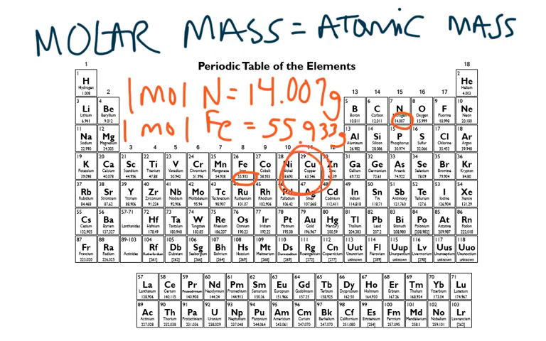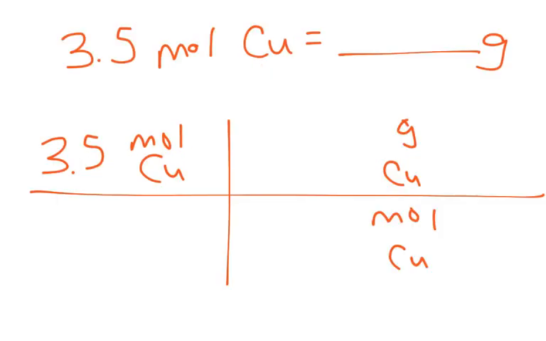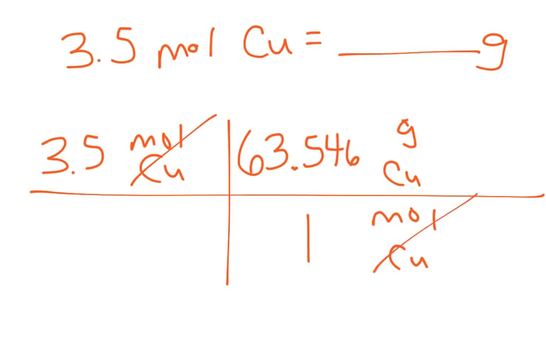Okay, copper's right here. So I can see that 1 mole of copper is 63.546 grams. Do my math, do my calculations, these cancel, and that gives me my molar mass as a conversion factor.